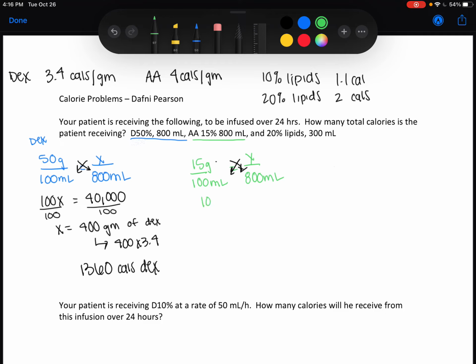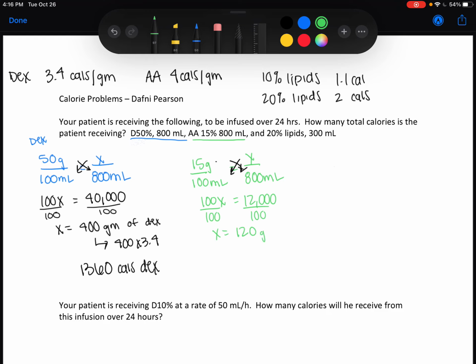And so that gives us 100x equals, and we're going to multiply 800 times 15 on our calculator to get 12,000. Divide both sides by 100 to get x alone, and we get x equals 120.